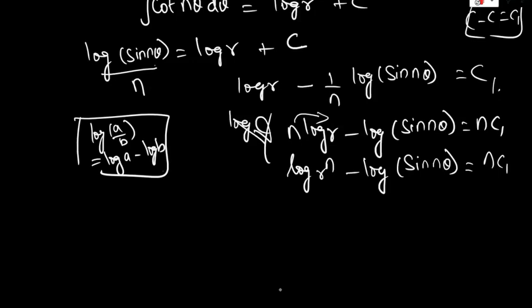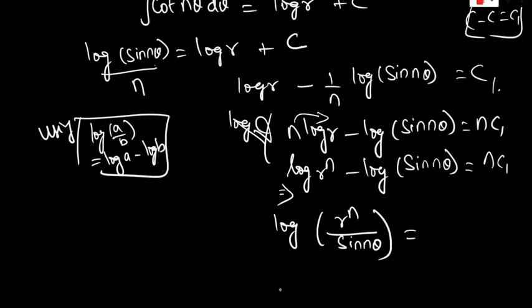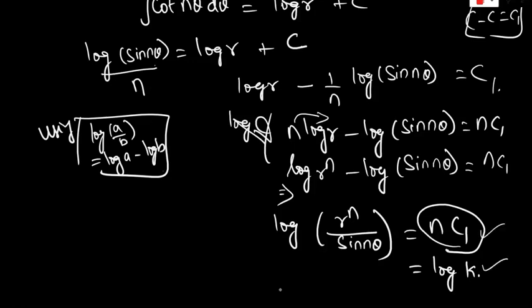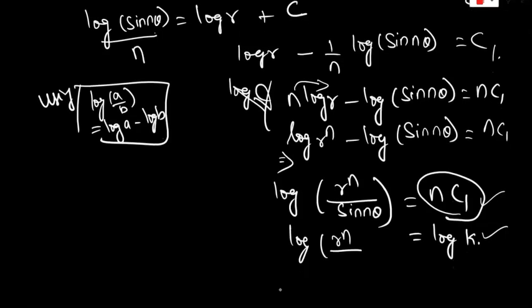So this implies log of r power n by sine n theta is equal to n c1. But this side also should be in terms of log, so instead of n c1, I'm going to write log of some k, because this is also a constant. This n c1, I'm replacing it as log k. Now it is easy for us to compare the constant.